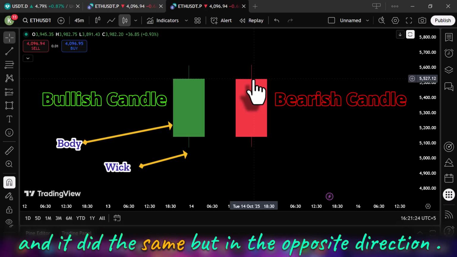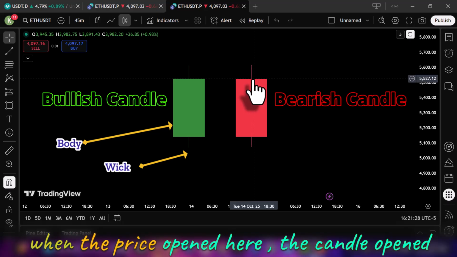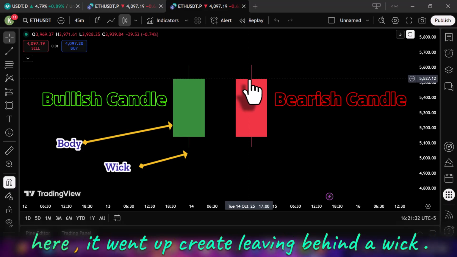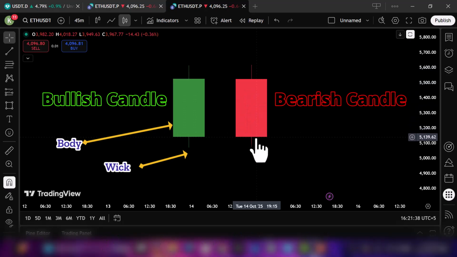And it did the same, but in the opposite direction. So when the price opened here, the candle opened here, it went up, leaving behind a wick. Then it came all the way down to this price and then went up.